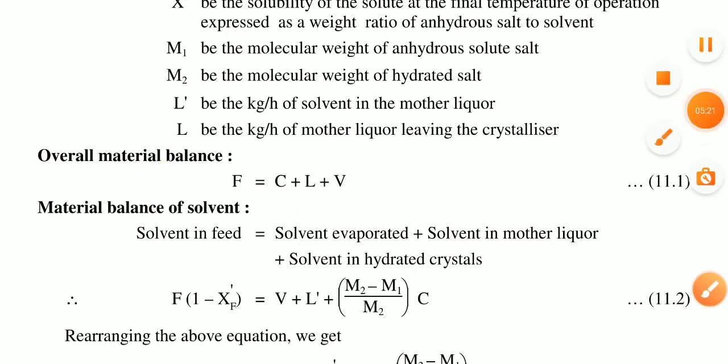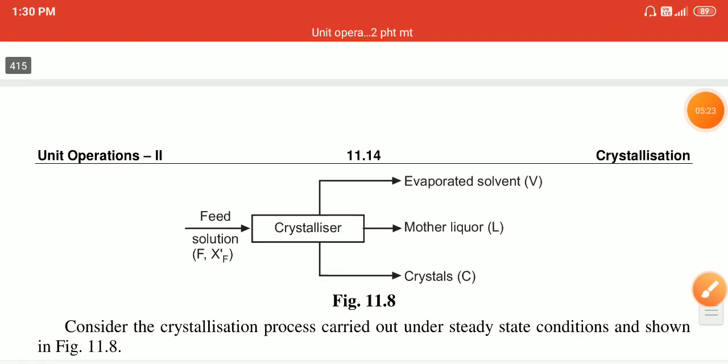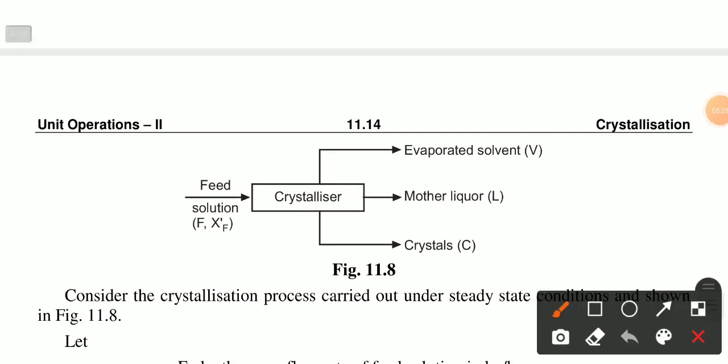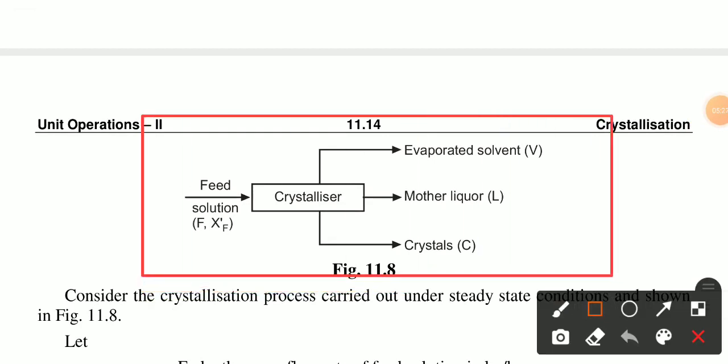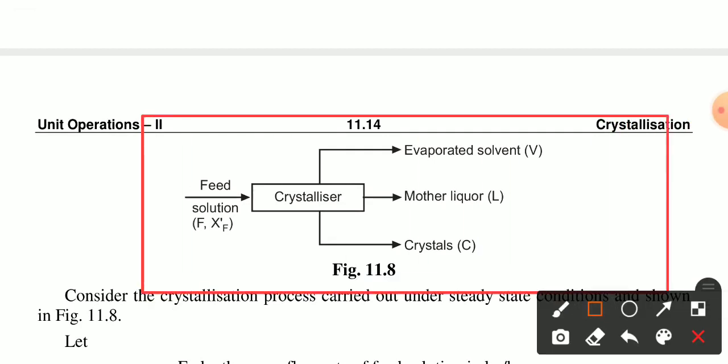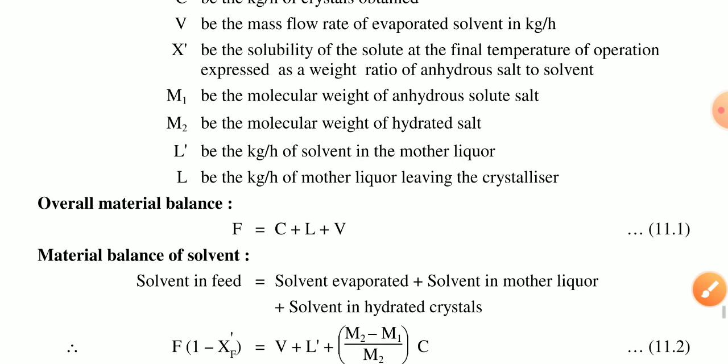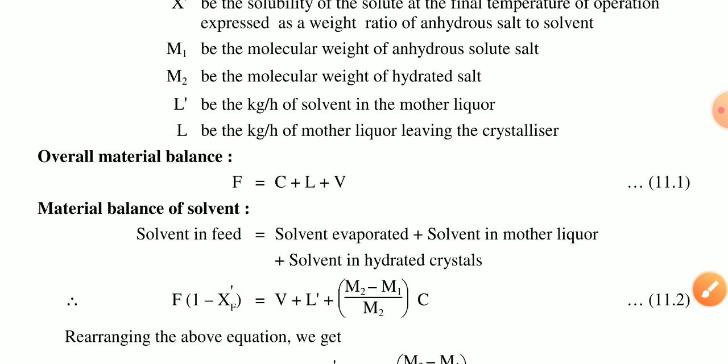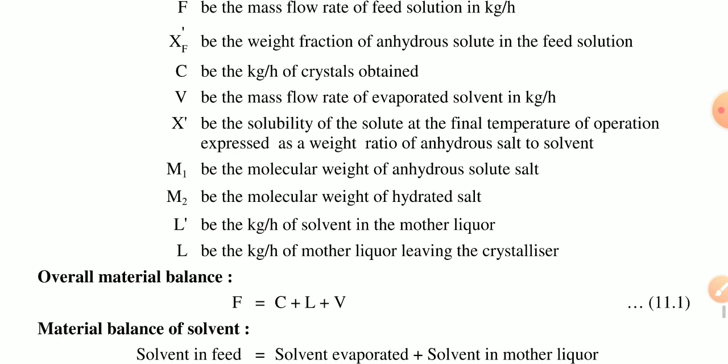We have to look at the overall material balance. So the overall material balance is F equals C plus L plus V. What is F?